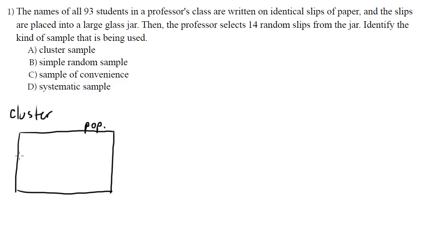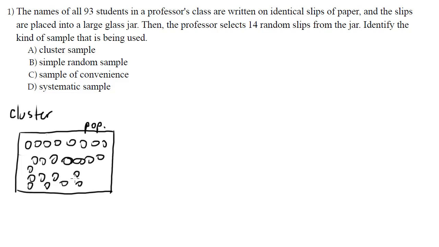Let's say this is my population. I'm going to have these circles represent, not really circles, but you know, close enough. You get what I mean? There's people, there's things, there's whatever we're interested in studying, whatever my population is.